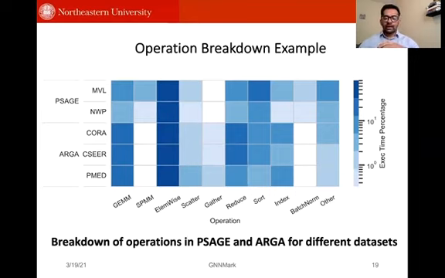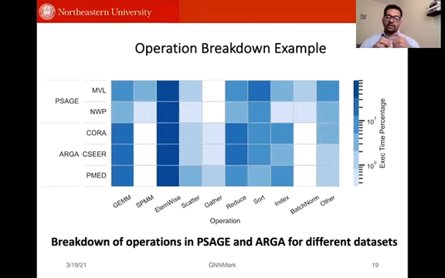For example, if we take a look at GEMM itself, right here, we can observe that in PinSage, the amount of time spent in GEMM is much different than the amount of time spent in GEMM in ARGA. The other interesting thing to notice here is that if we take a look at this reduce portion for ARGA, we can observe that even in the same application, depending on the input graph, the amount of time spent in a particular operation will be different.